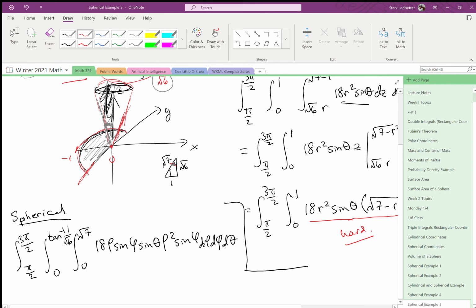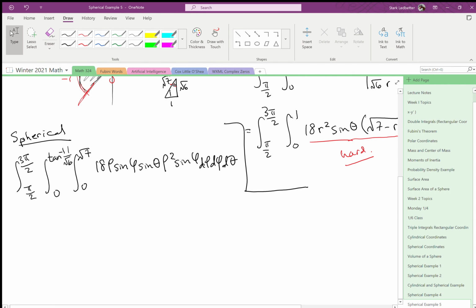Okay, I think that's correct now. Okay, so now I start to integrate. It's going to be pretty ugly. Okay, pi over 2 to 3 pi over 2. I'm going to leave this here, tan inverse 1 over root 6.